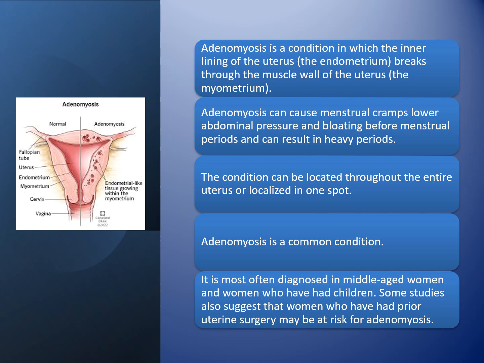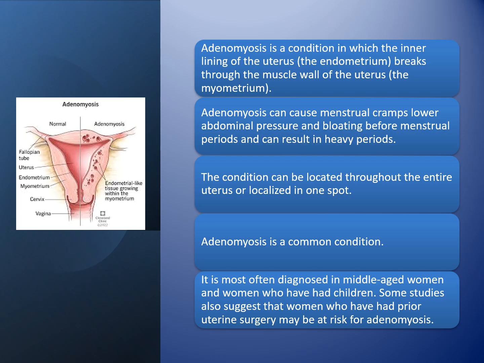Adenomyosis is a gynecological condition in which the tissue that normally lines the uterus, called the endometrium, grows into the muscular wall of the uterus known as the myometrium. These endometrial glands and stroma invade the uterine muscle, which continues to respond to hormonal changes during the menstrual cycle.